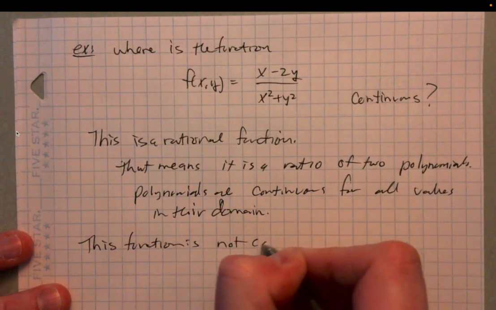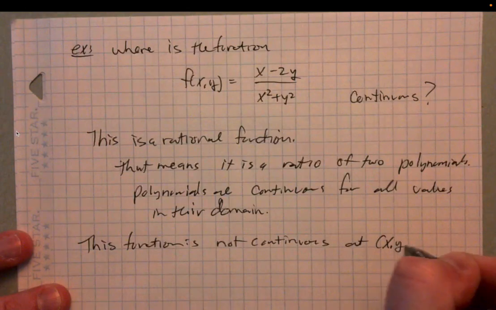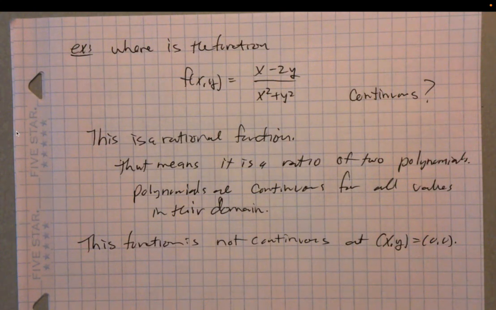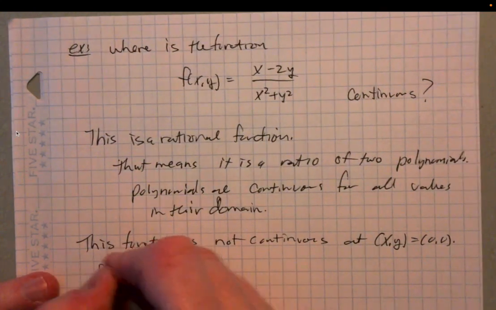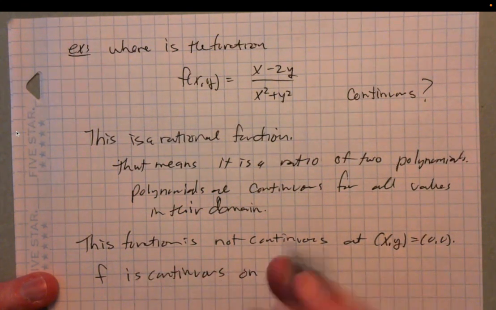is not continuous at (x, y) equals (0, 0), specifically because this function is undefined at that value. So it clearly can't be continuous. So f is continuous on what?